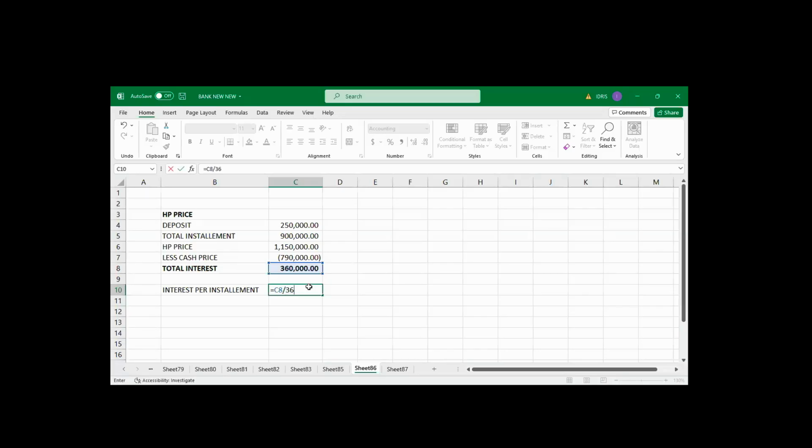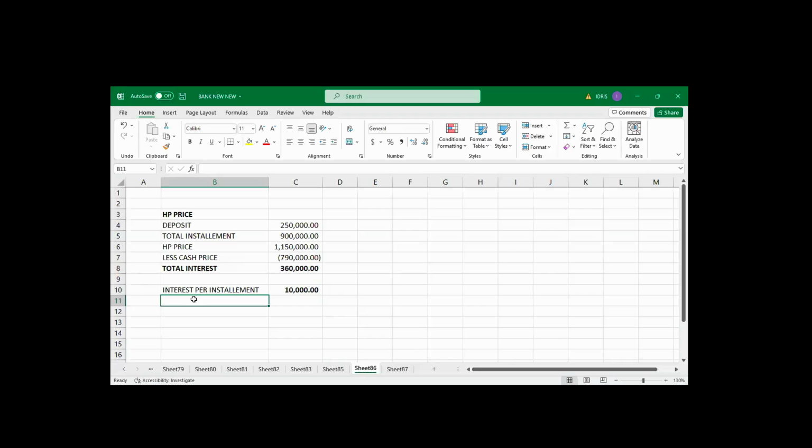Can we all see that? That means for every installment that he paid, how much is the interest per installment? 10,000. You understand?